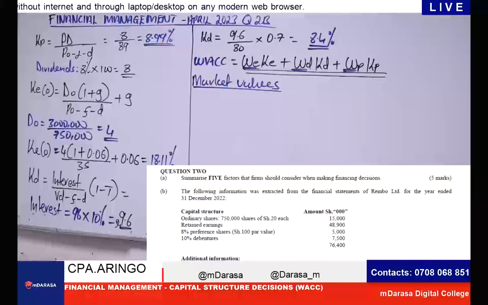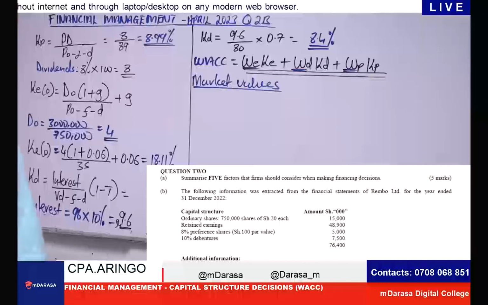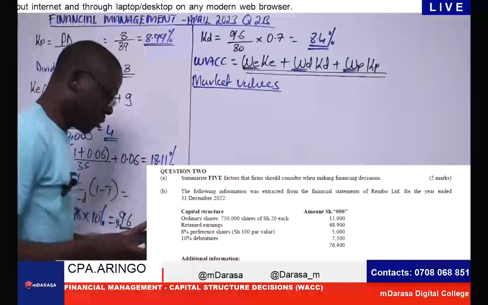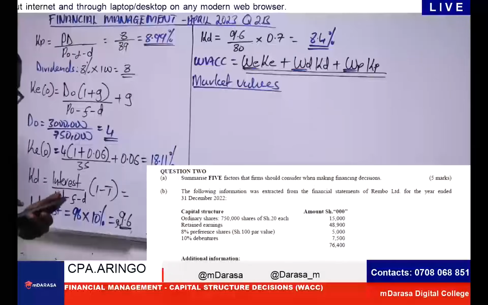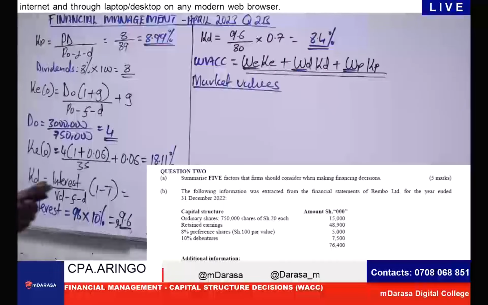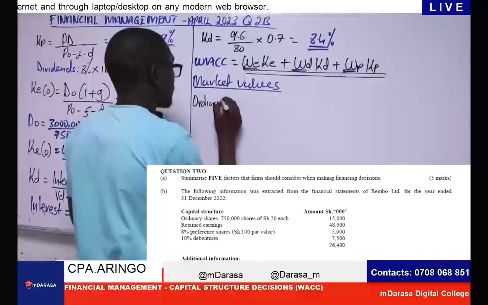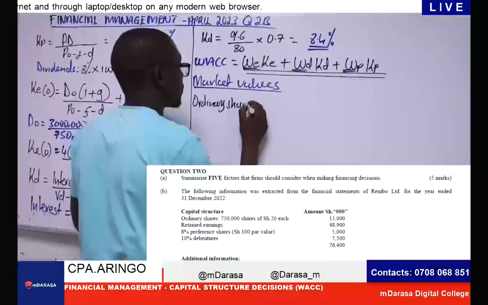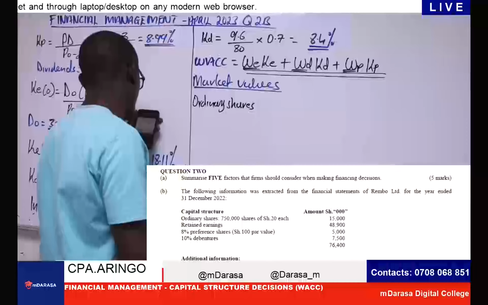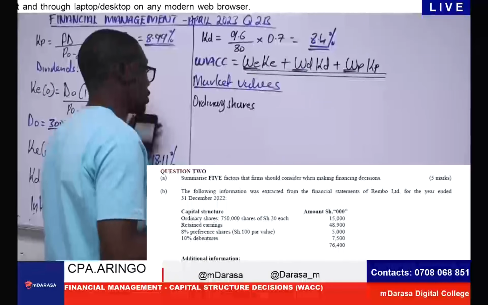We list it there. In this case, number one, we have our ordinary shares. We have the preference shares.